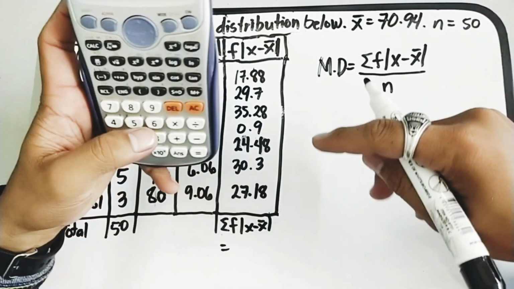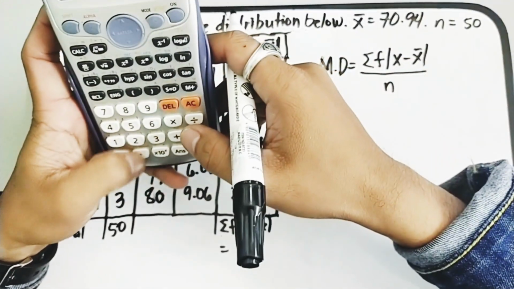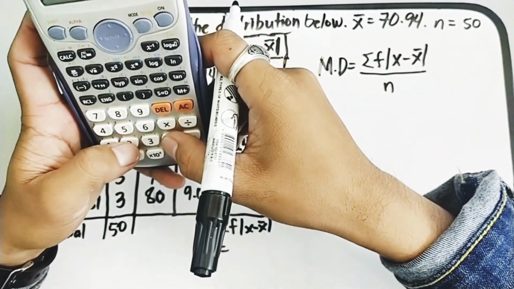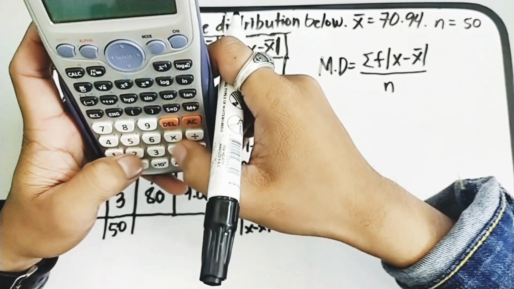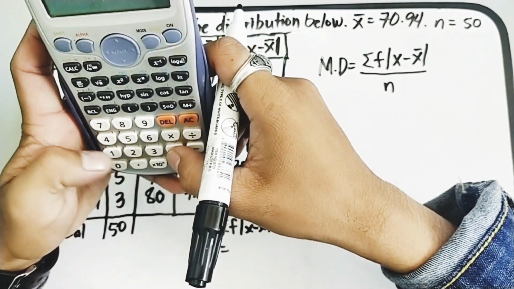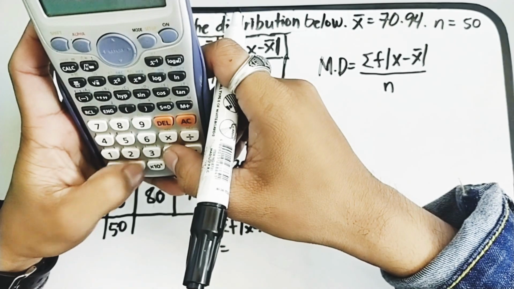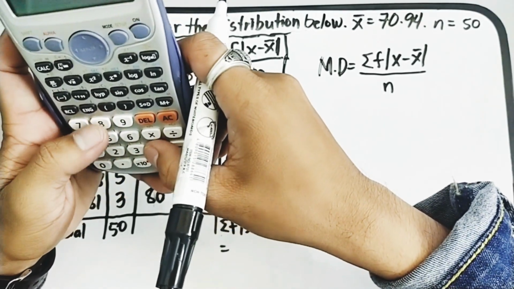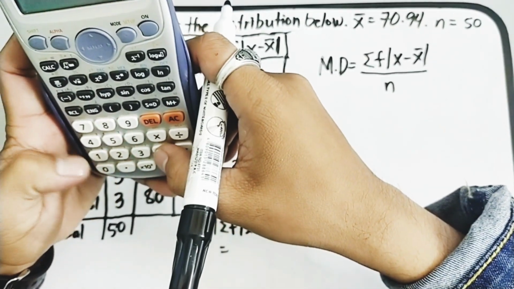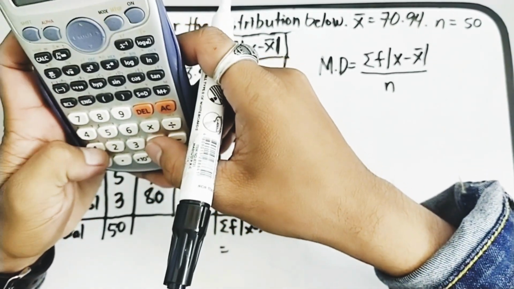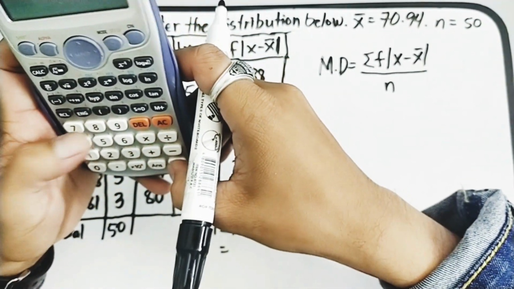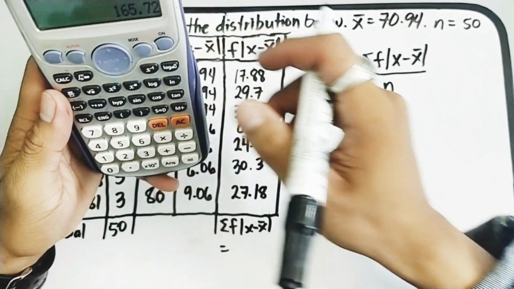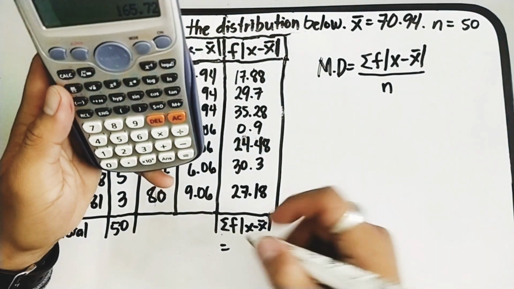Wherein 27.18 plus 30.3 plus 24.48 plus 0.9 plus 35.28 plus 29.7 plus 17.88. Ayan.